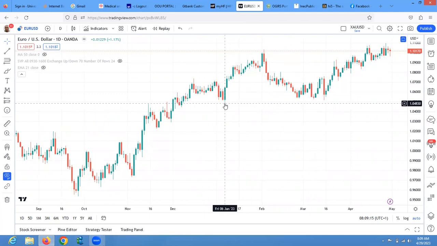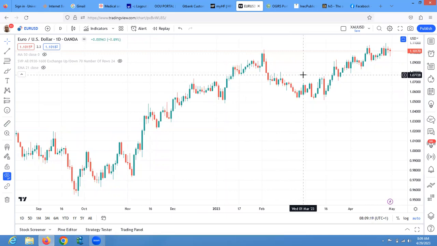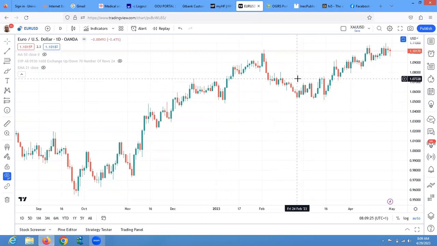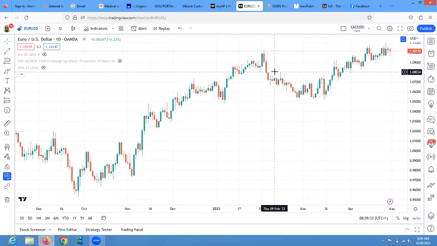We didn't break that structure. If we had broken that structure and price went a bit up, we know that we're coming back down again. But because we didn't break this one, price began to break structure to the upside. The first structure was this to the upside in the daily. The second structure was broken, and this structure that has stood here for some time also got broken. So we know that now price is going up.